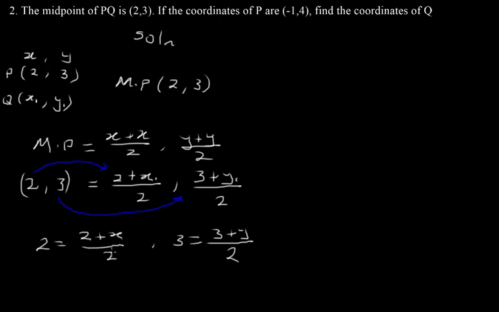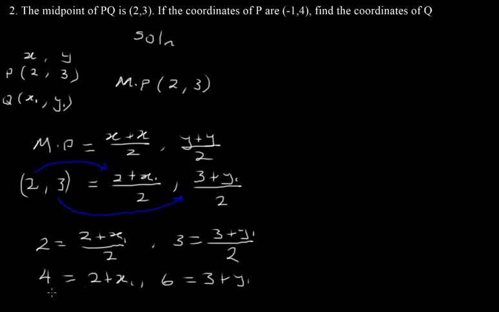Definitely. So we will say 2 multiplied by 2, which gives us a 4, equals 2 plus x1, comma 2 multiplied by 3, which gives us a 6, equals 3 plus y1. Okay, group the like terms.